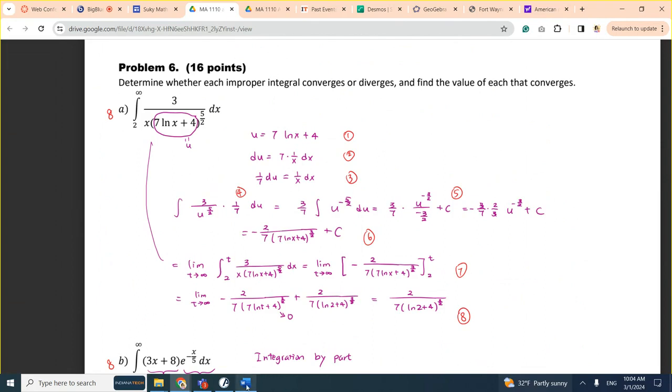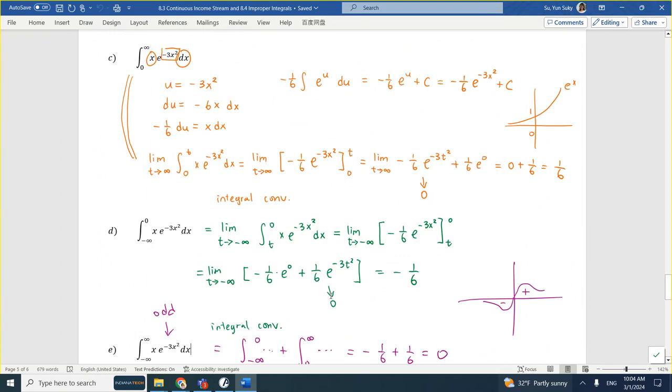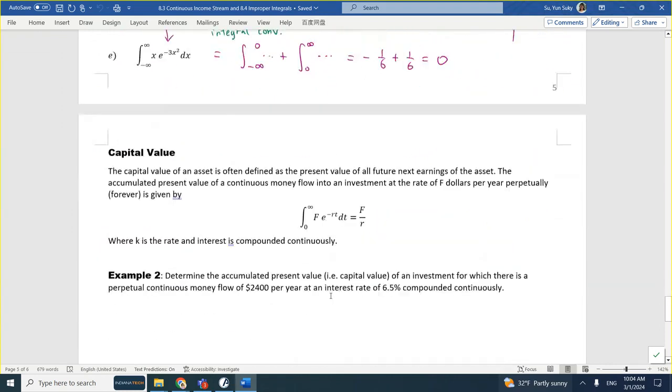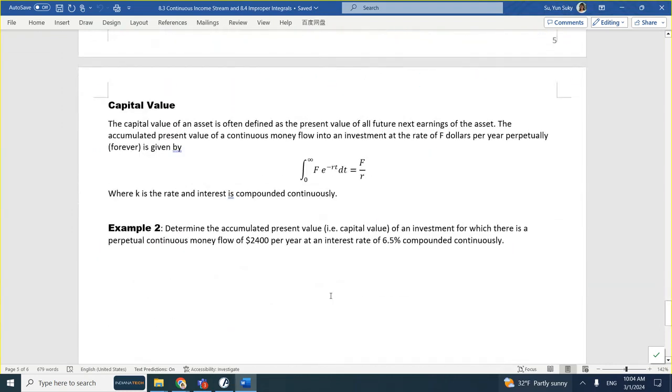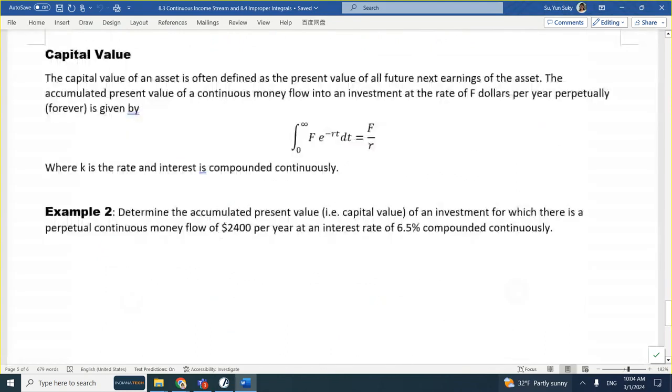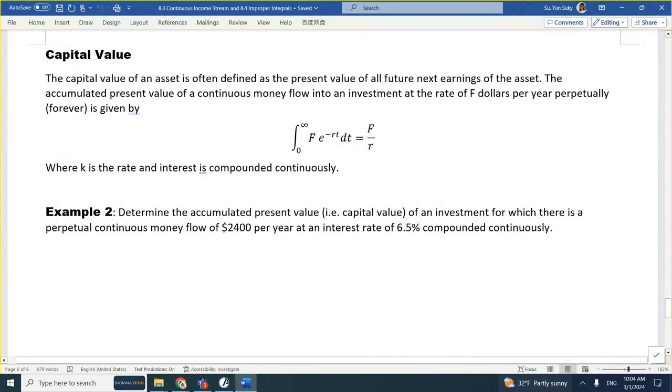Okay. So let's continue. Capital value. The capital value of an asset is often defined as the present value of all future net earnings of the asset.